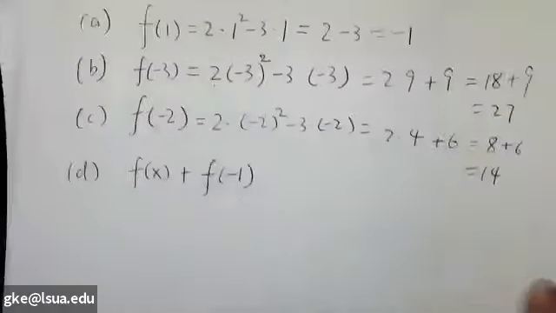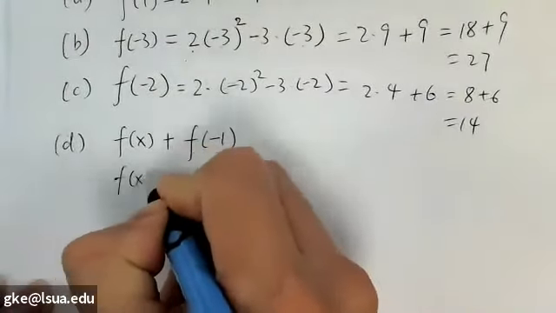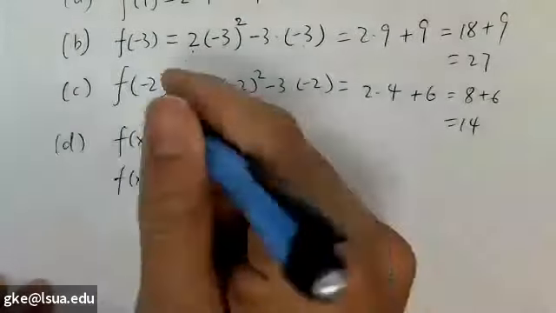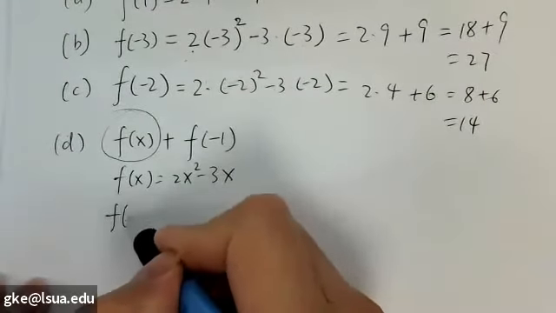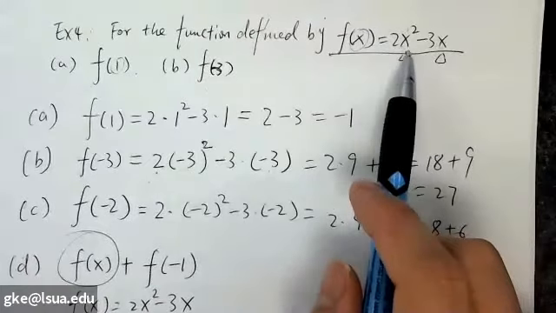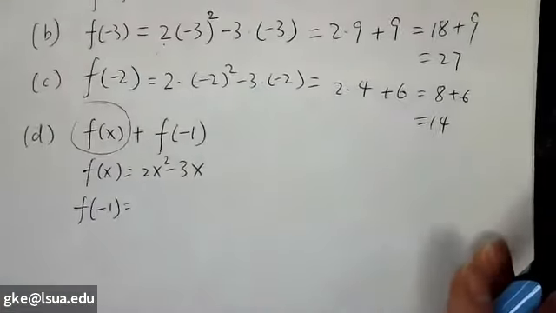For the f(x), we already know that it is 2x squared minus 3x. The first term we already know. And for the second term, replace the x by negative 1.